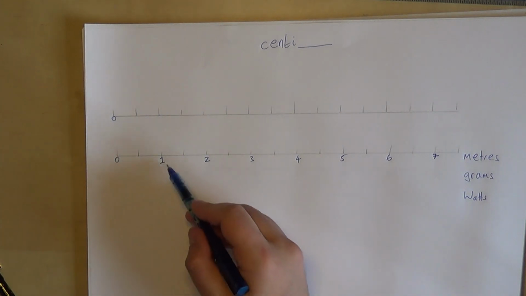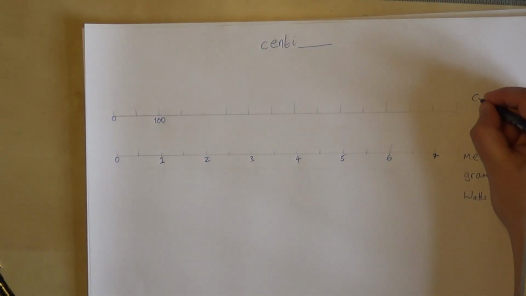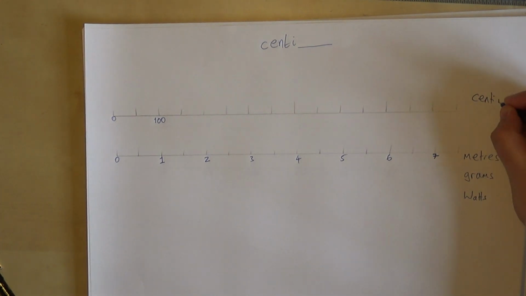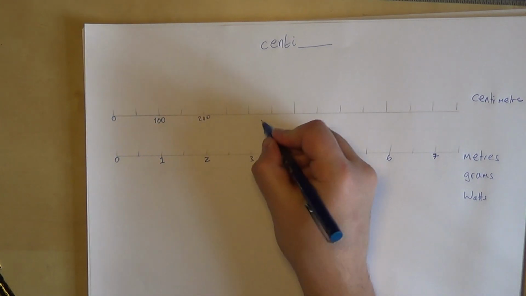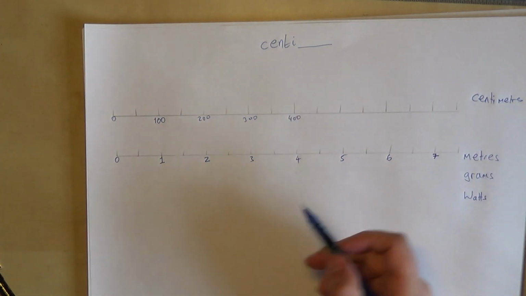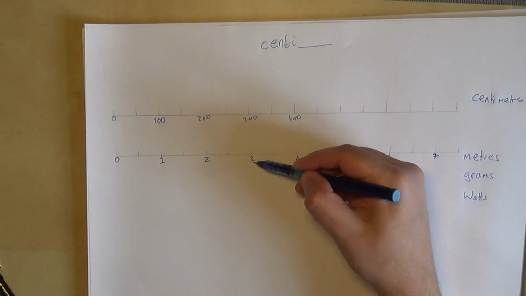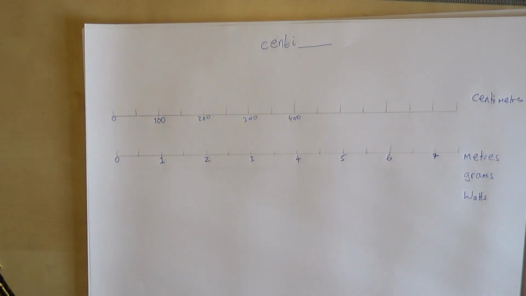So 1 meter is the same as 100 centimeters. And 2 meters is the same as 200, 300, 400. So if you measure something and find it's 3 meters long, that's the same information as finding it's 300 centimeters long. They are the same thing, just counted in different ways.